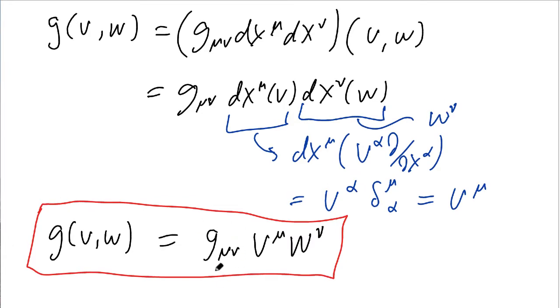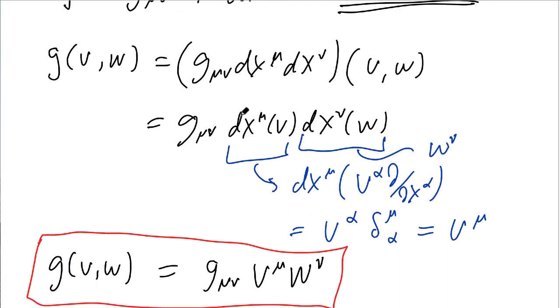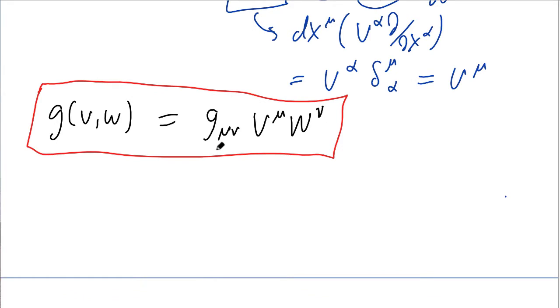By the way, these coefficients, g mu nu, are the coefficients in the expansion of this operator in the coordinate basis. These are the components of the metric in the coordinate basis. And in later lectures, I'm sure I'll become careless and I'll refer to g mu nu as the metric, but strictly speaking, g mu nu are the components of the metric.